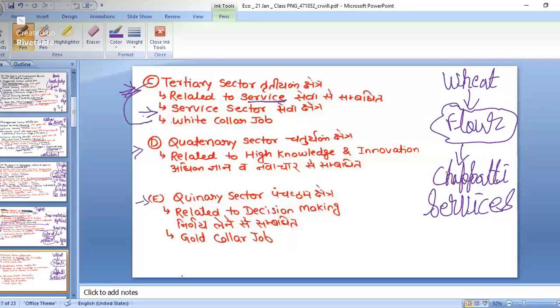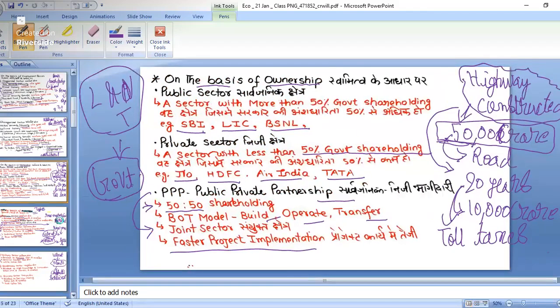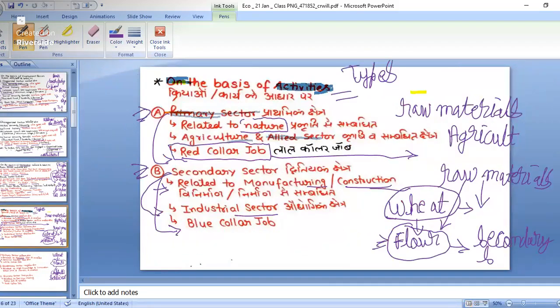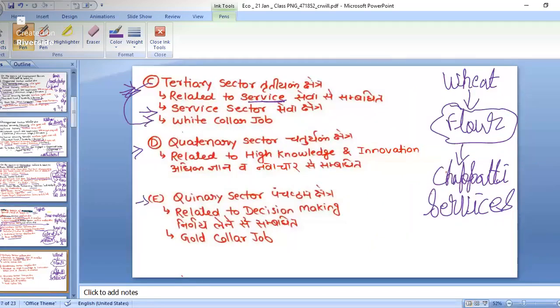And the tertiary sector is known as white collar job. So what we saw: red collar job is the primary sector, blue collar job is the secondary sector, and white collar job is the tertiary sector.